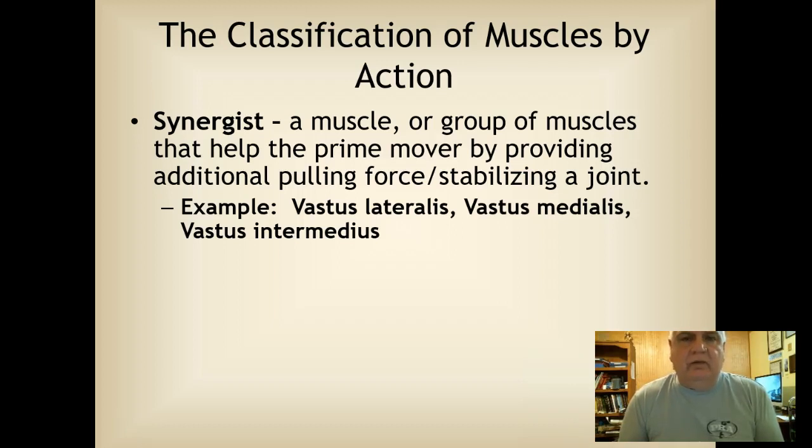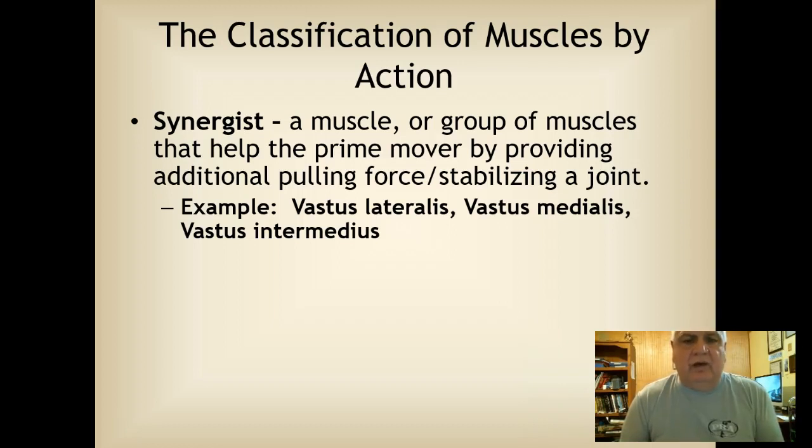So again, let's go back to I want to extend my leg. The muscle primarily responsible for leg extension is the rectus femoris. But I may have resistance associated with my leg at the ankle that's difficult to overcome. And so the prime mover, the rectus femoris, may need some help provided by additional pulling force.